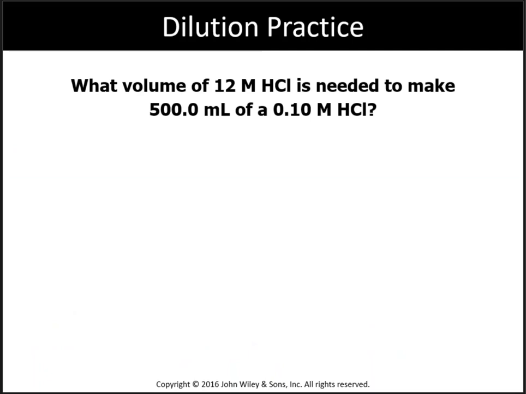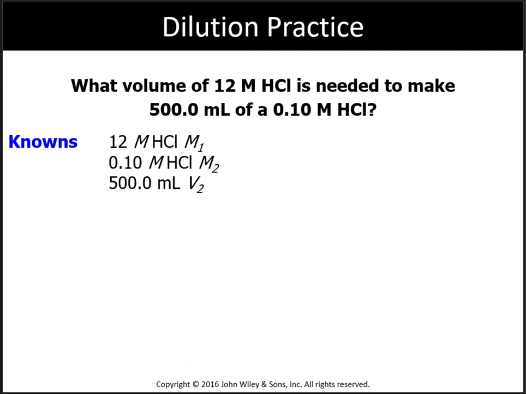You want to know what volume of 12 molar hydrochloric acid is needed to make 500 milliliters of a 0.1 molar hydrochloric acid. So what's given to us is 12 molar hydrochloric acid, which is your concentrated solution.